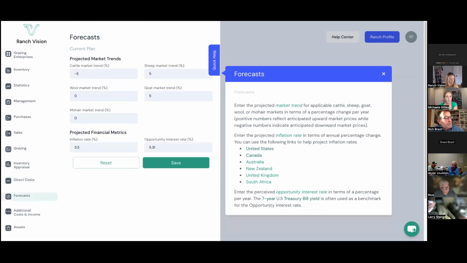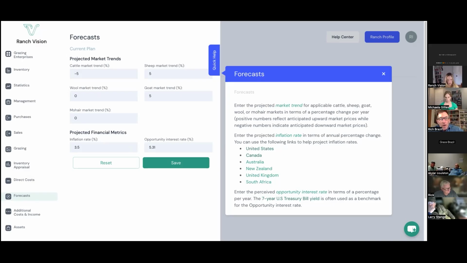So we're getting near the end of all the input panels. Most of the reports are already available for you. Here's one additional one where you can take into consideration your expectations for different markets, for the cattle market, for the sheep or wool or mohair or goat market. You also can put in your expectations for inflation, and it's going to take that into consideration in the long-term projection.